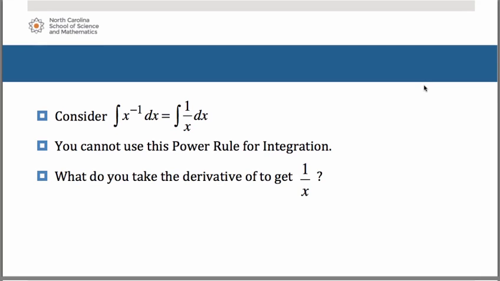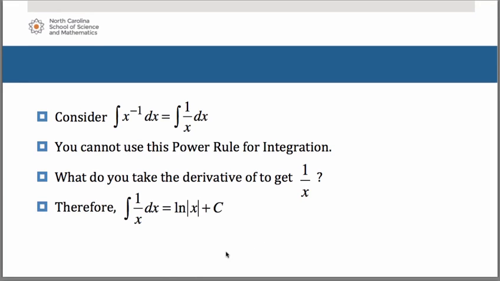That means we need to come up with another way to get the rule for the antiderivative of this function. Thinking of the fact that derivatives and antiderivatives are inverses of each other, can you think of a function that you take the derivative of and get 1 over x as the answer?